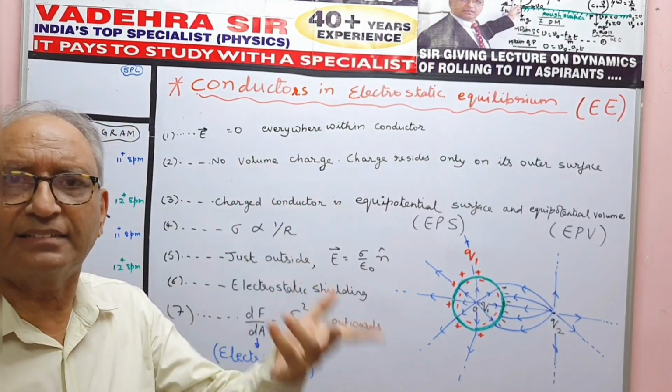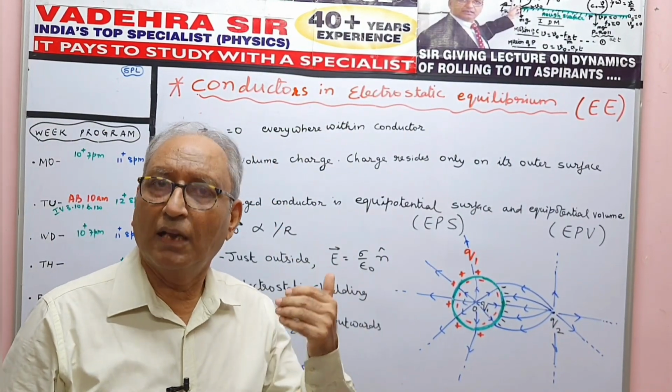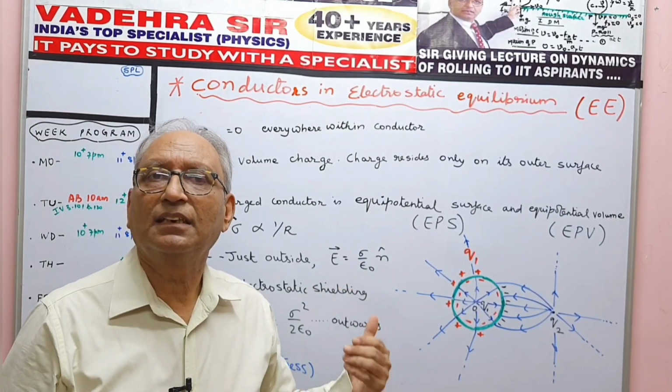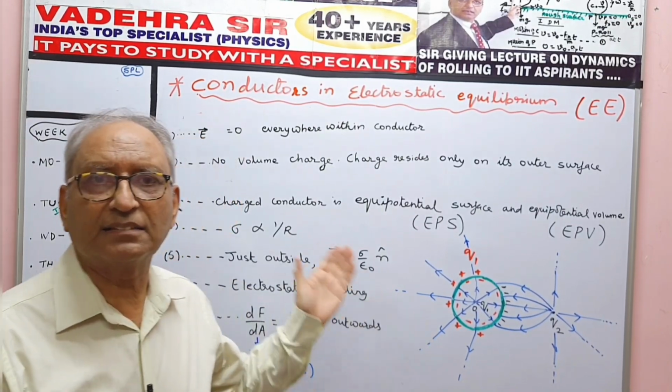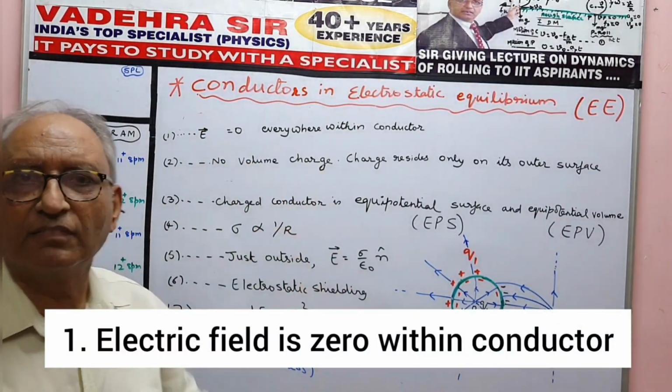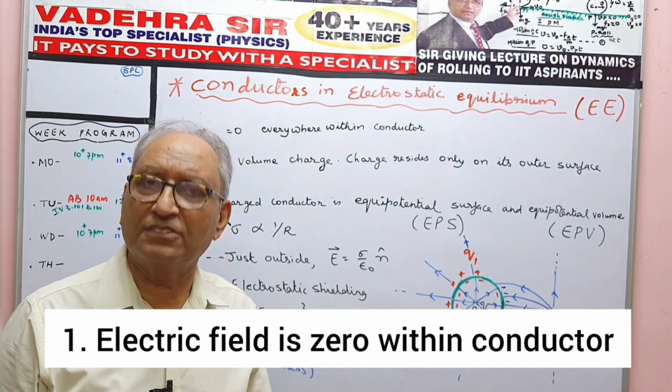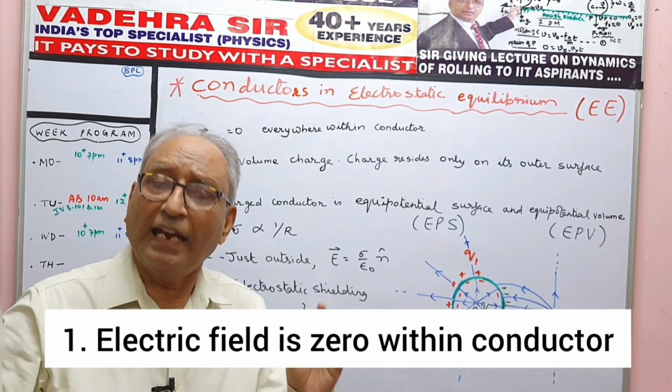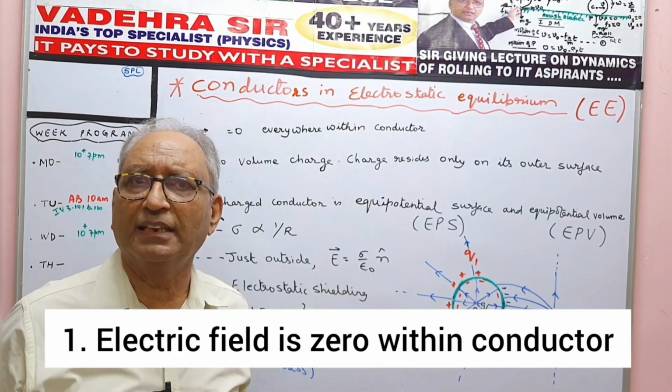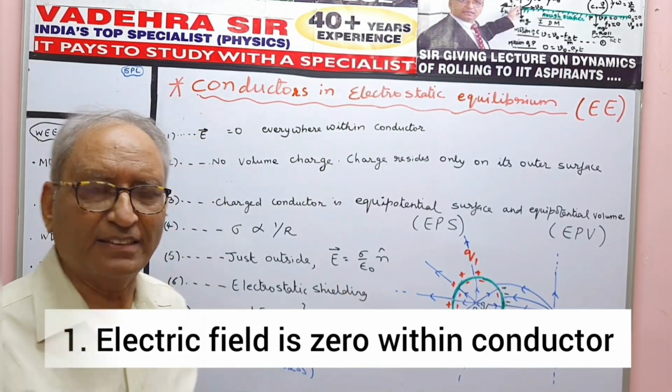So these are various properties that we have for conductors in electrostatic equilibrium. Let's have a look at the major properties. Number one, E is zero within the conductor. The electric field is zero within the conducting material, and also, if the conductor is hollow, within that space.